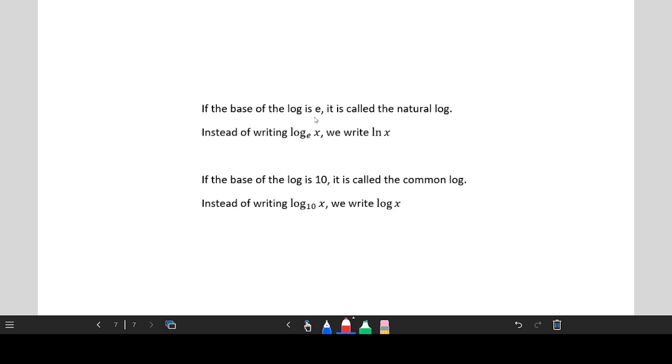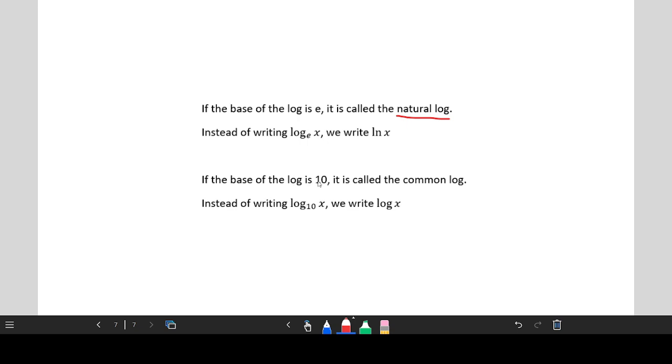If the base is e, then you could write log base e of x. Most books will instead write ln instead of log base e, and that's because we call this the natural log. It's the same letters as natural log, just the opposite order of how we say it. But x is still your input. ln is just the same as log base e.